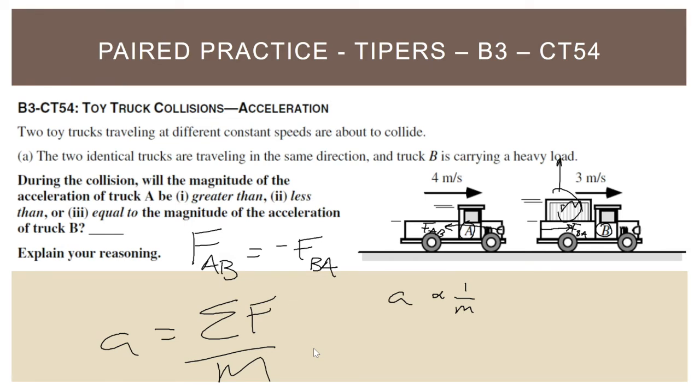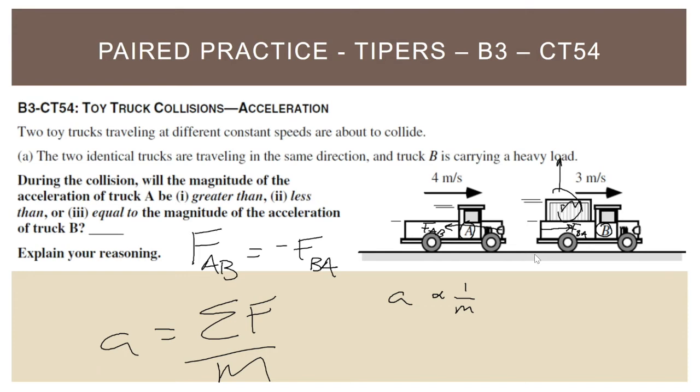And so because mass is a measurement of inertia, you could also say, according to Newton's first law, an object with more mass has more inertia, which means it has more resistance to acceleration. So since object A has less inertia, it resists the acceleration caused by those same size forces less, which means it's going to accelerate more.